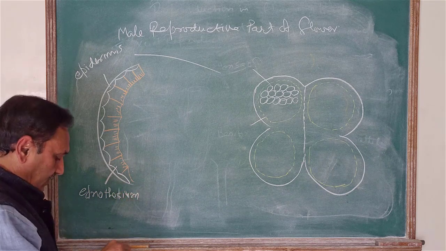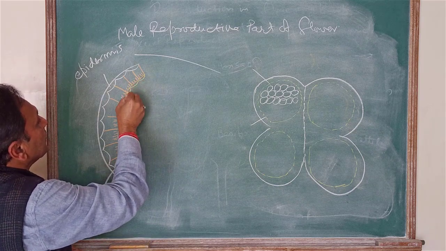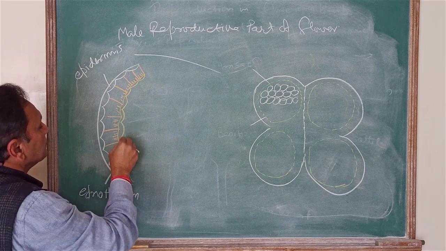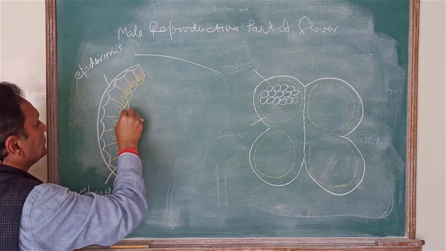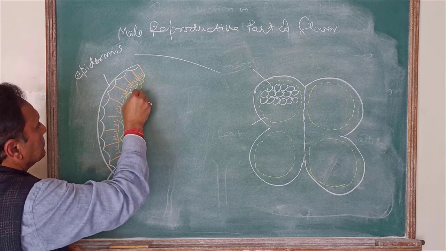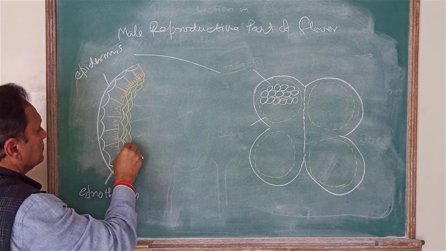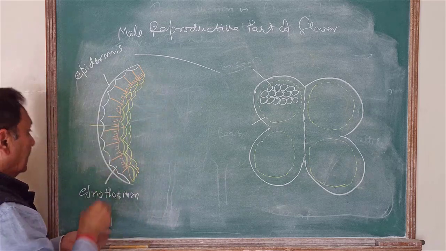Below this layer, there is a 2 to 3 layered thick layer, like this. This one is called the middle layer.